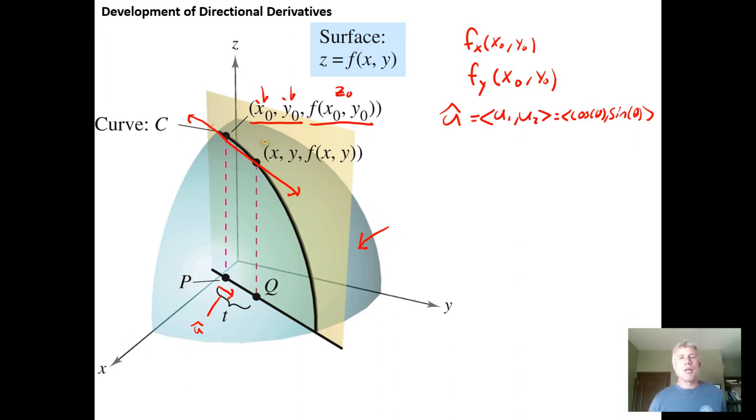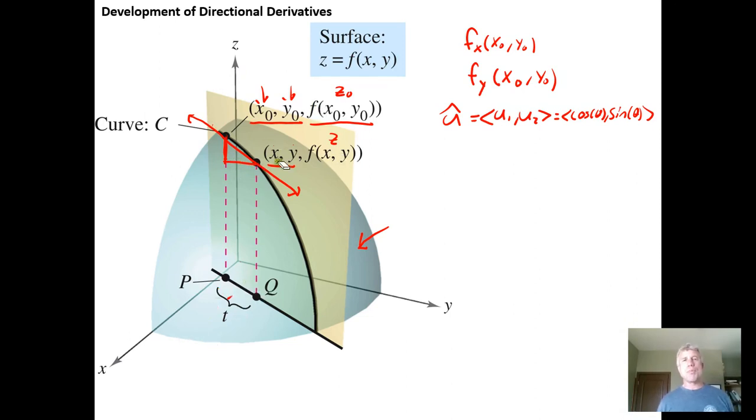And if we think about a secant line, then that would just be a matter of establishing another point, say x, y, and f of x, y, or z, another point on the curve that intersects the surface and the plane, and then finding the equation for the secant line, and then taking an appropriate limit. So remember, the secant line slope is just going to be its rise over its run.